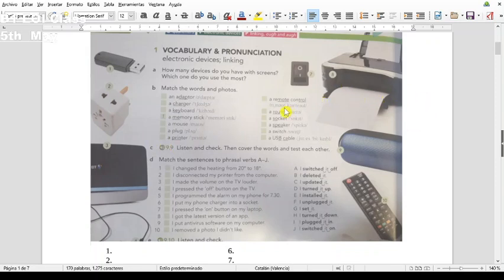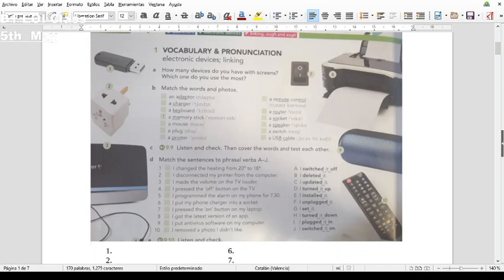A printer. 10. A remote control. 3. A router. 11. A socket. 9. A speaker. Altavoz. 7. A switch. 12. Interruptor. A USB cable. Un USB. Very good.